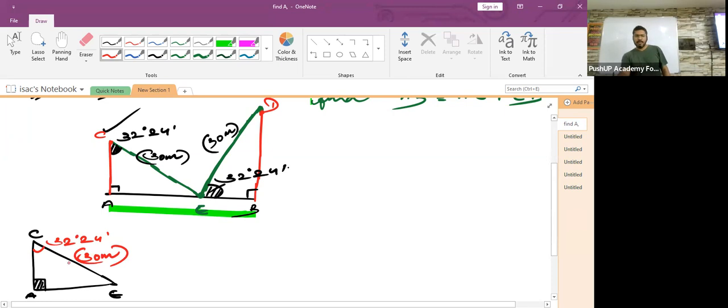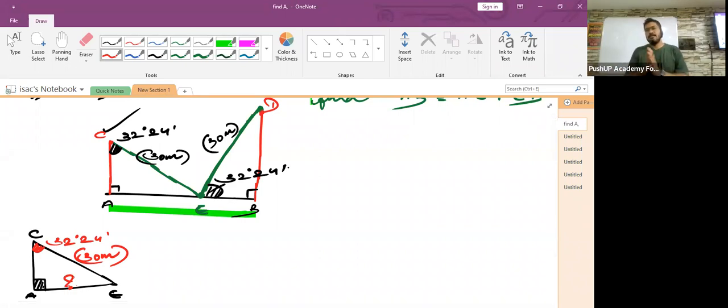Children, if we use this right angle triangle, is there a way to find AE? We can find, no? Which function? With reference to this angle C, what is AE?